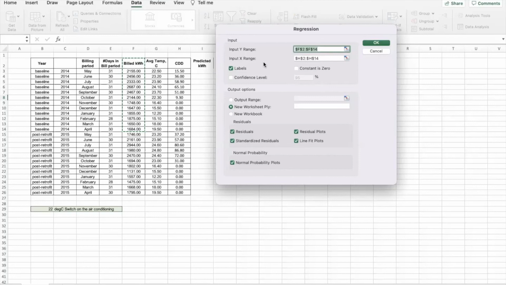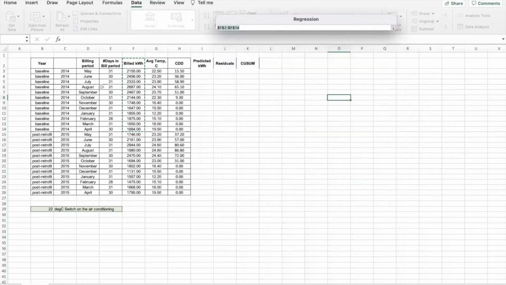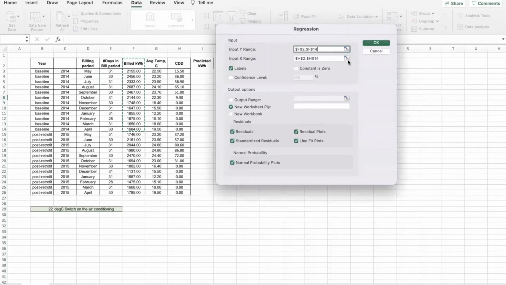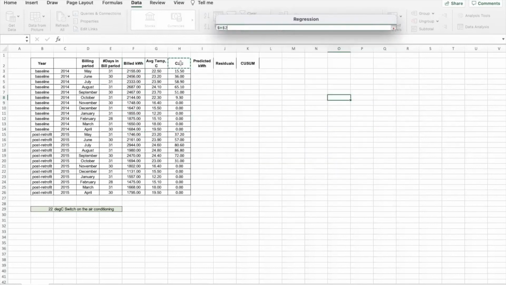And next is what data you can easily obtain. So the Y is the building energy consumption, and we just use a baseline set of the data. That is, we take this set of data as a reference to see whether, for this period, the data can show the relationship. So the X is CDD and the baseline here.